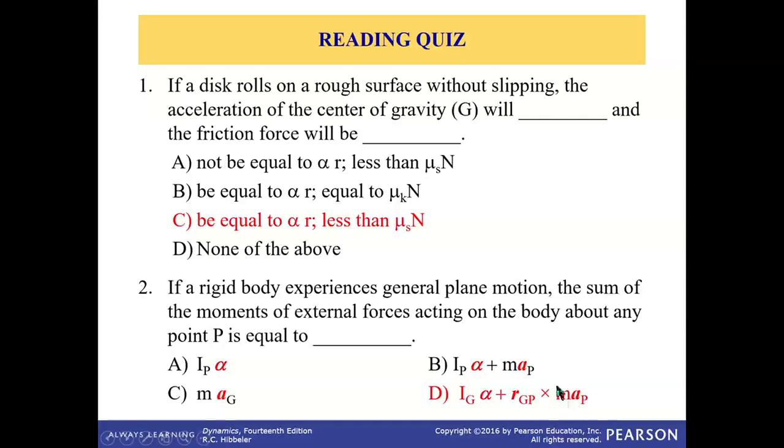Ma is nothing but force, right? You are familiar with this, F equals ma. So m a is force, so this is nothing but R cross F, which is moment, and Ig alpha is also a moment. Okay.